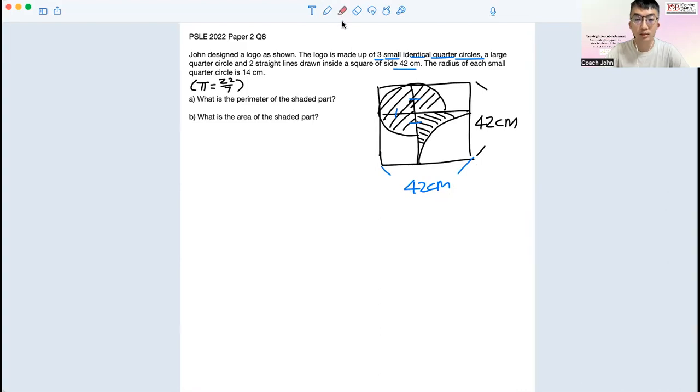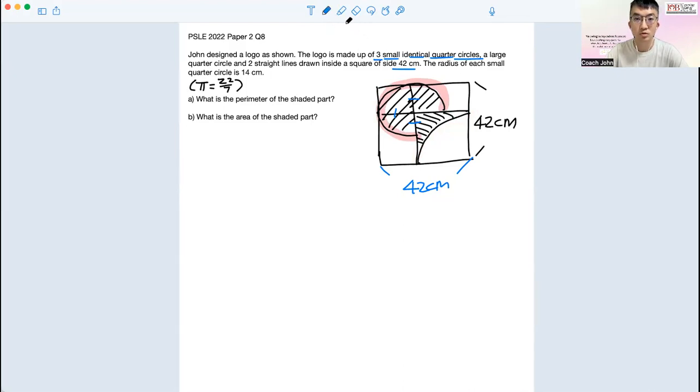Okay, so meaning that it's over here, plus here, plus here, plus here. Okay, so let's do one step at a time. Let's find the red line. So what we have here for the red line, you need to find the radius. So what is the radius?